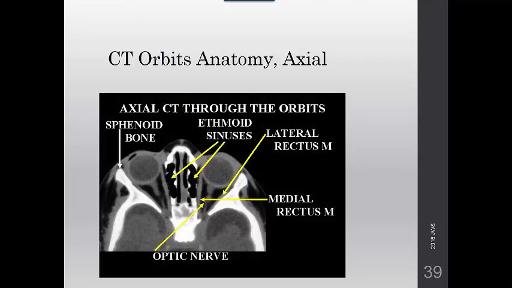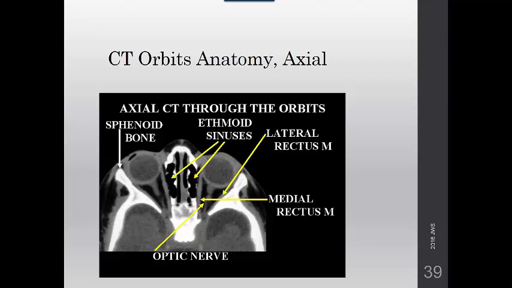Slide 39 begins anatomy of the orbits, and as you look at this axial slice, you see how far back the scan is extended. It's only slightly posterior to the sphenoid sinus, which is all that's necessary for orbits. This is why a lateral scout is necessary.